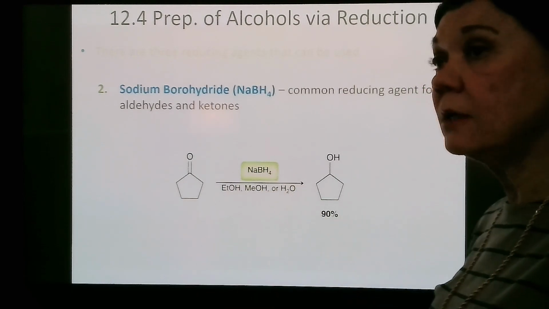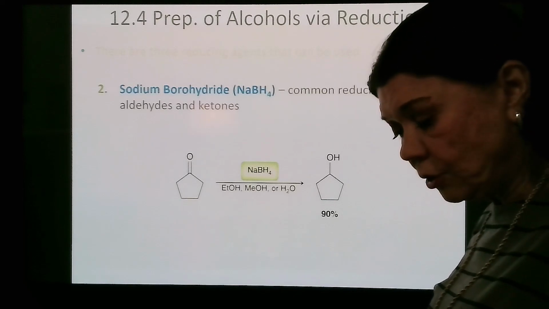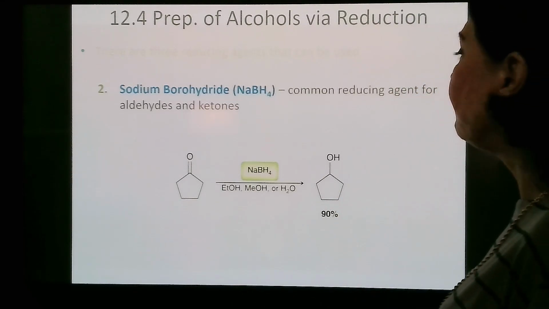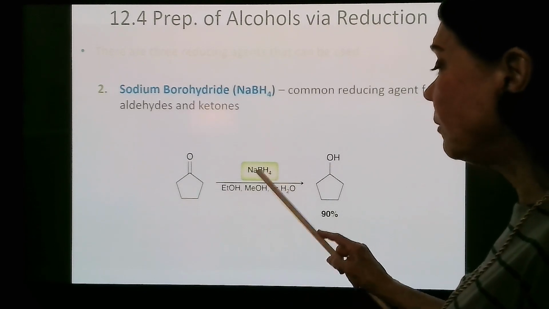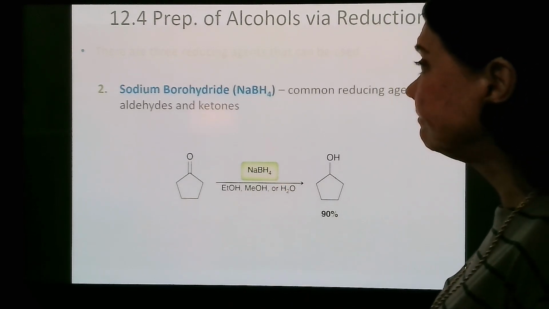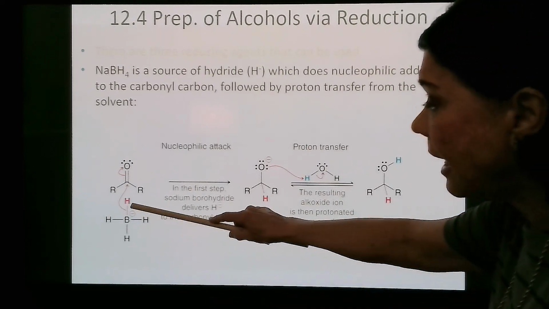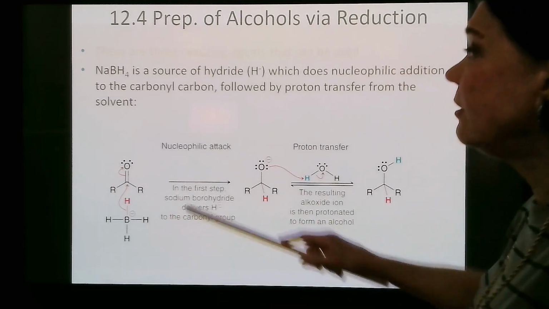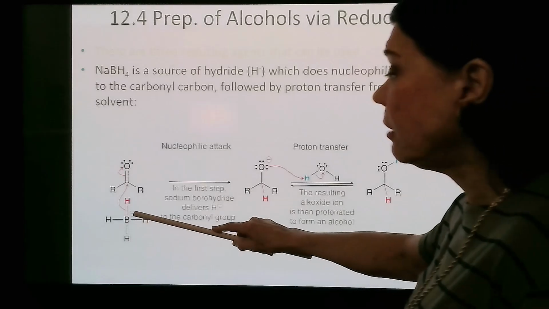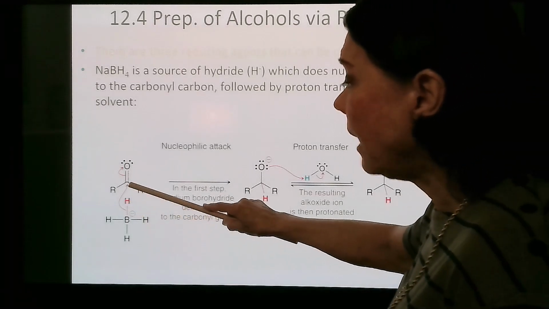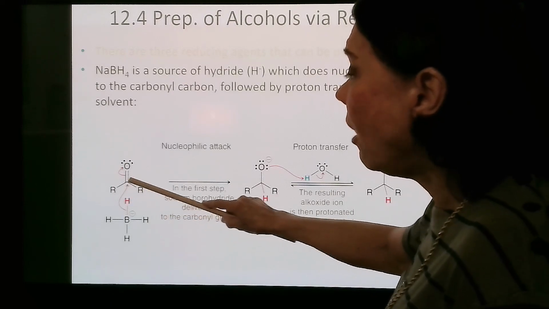Sodium borohydride is a mild reducing reagent, and it gives high yields. So you'll need to remember that, sodium borohydride. It's very common. It's a source of hydride, as you can see, and you simply regard this as a source of H minus. The H minus does an attack on the carbonyl.